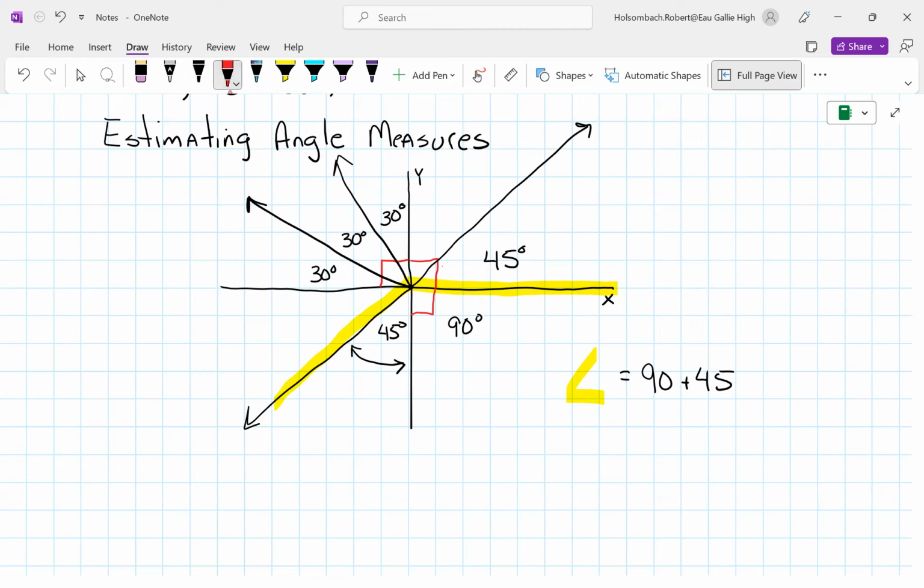If we needed this angle measure right here, that yellow angle, it would be 90 plus 45. And 90 plus 45 is 135 degrees. So do you see how using the coordinate plane, you can estimate angle measures? All right.